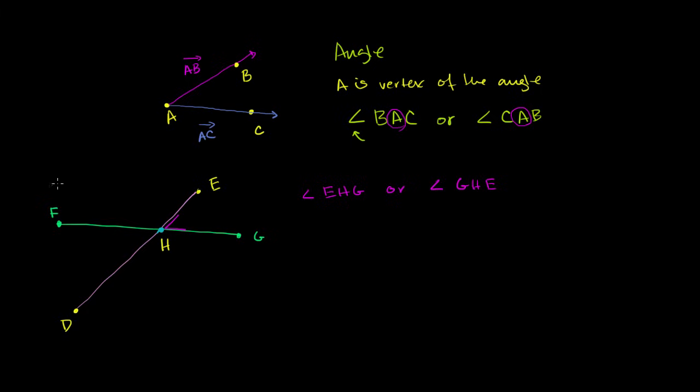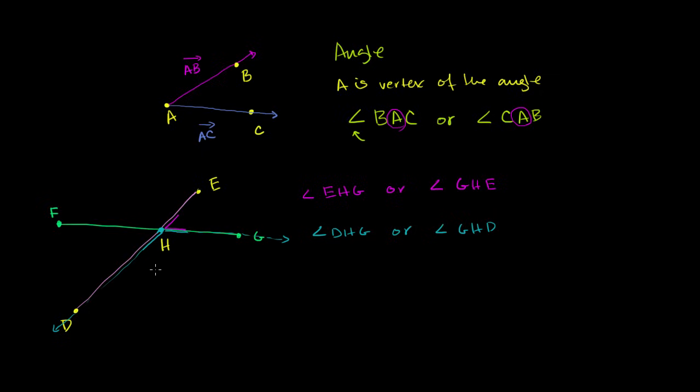If you wanted to specify that angle right over here, the one made up of that ray and that ray, if you were to keep on going past those points, then you could call that angle DHG, or angle GHD. I think you get the point. This angle up here could be FHE or EHF, and this one could be FHD or DHF. And when you do it this way, it's very clear what angle you are referring to.